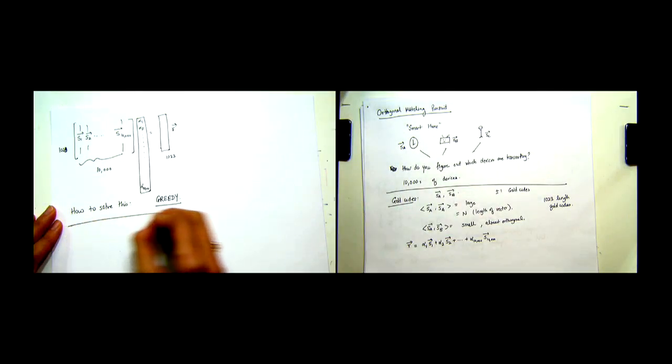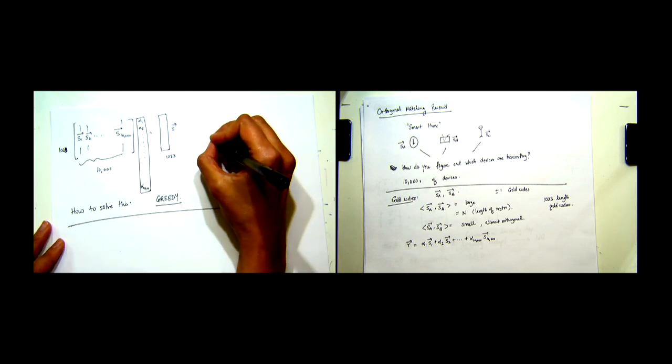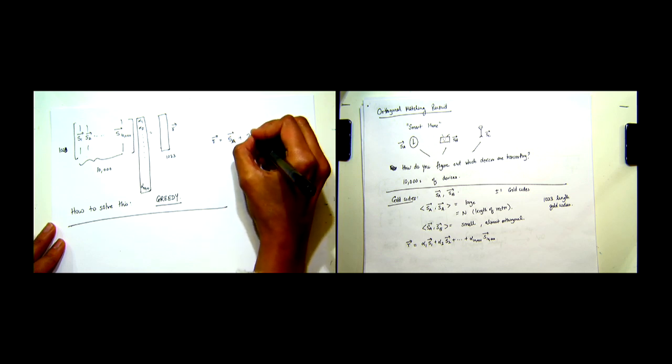Let's say I have only some small number of things that are transmitting. So I have R is equal to SA plus 2 times SB. If I wanted to figure out which signals are in R, how would I do that? I know something about inner products, right?